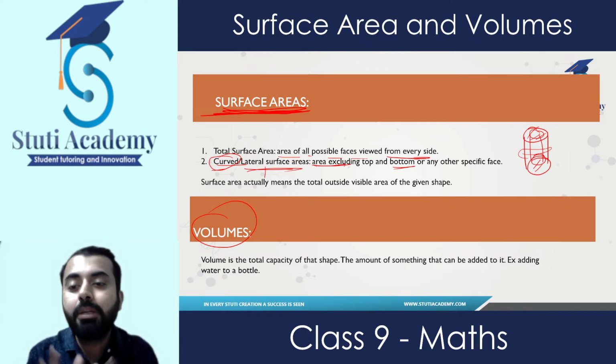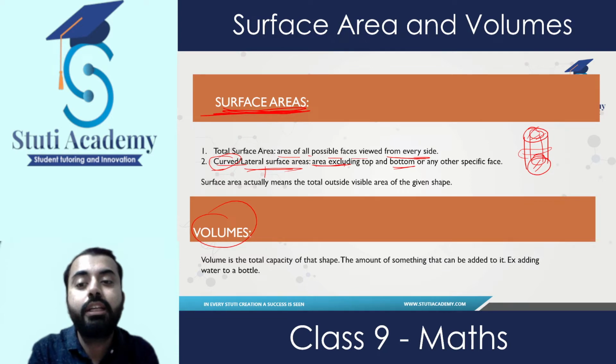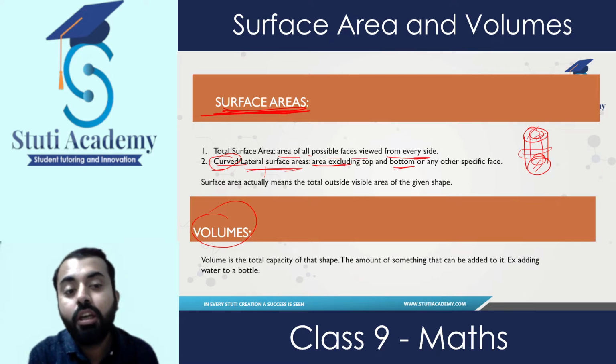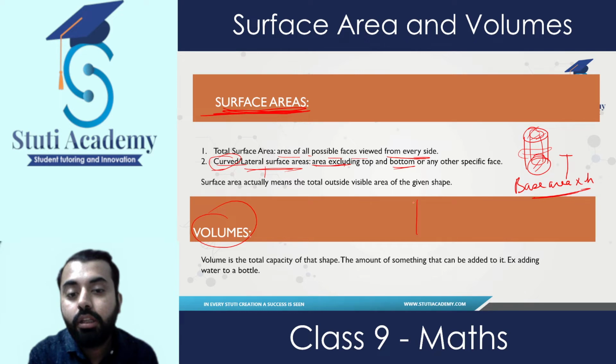It is the maximum capacity of anything that can be held in a given 3D figure. Remember this, there is no volume for 2D figures. If somebody asks you to find the volume of a rectangle, there is simply no volume for that, because volume requires a height. It is this area multiplied by the maximum height it can go.